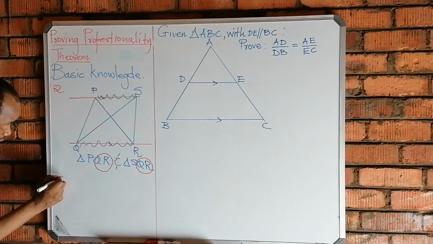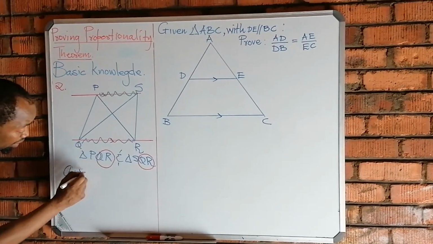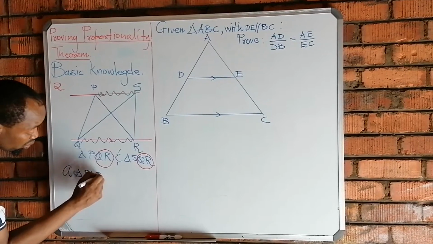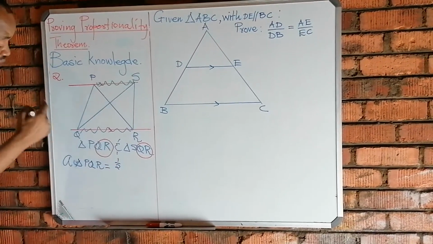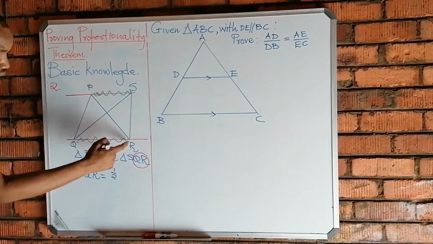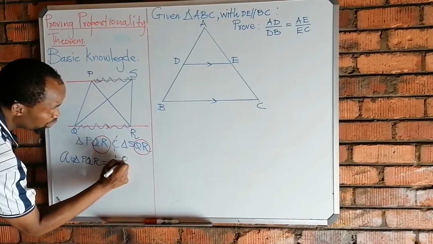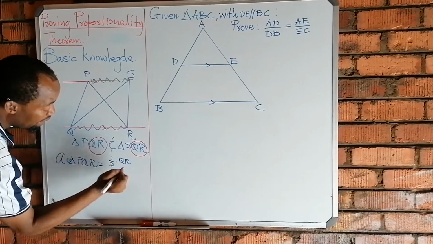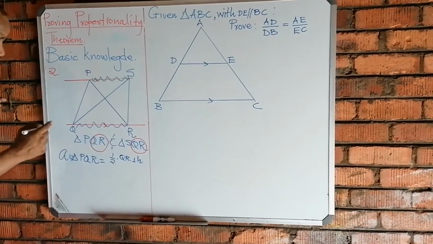Let's look at this. Area of triangle PQR will be equals to half. If I take the base, triangle PQR, and I take the base to be QR, it would be half QR multiplied by perpendicular height.